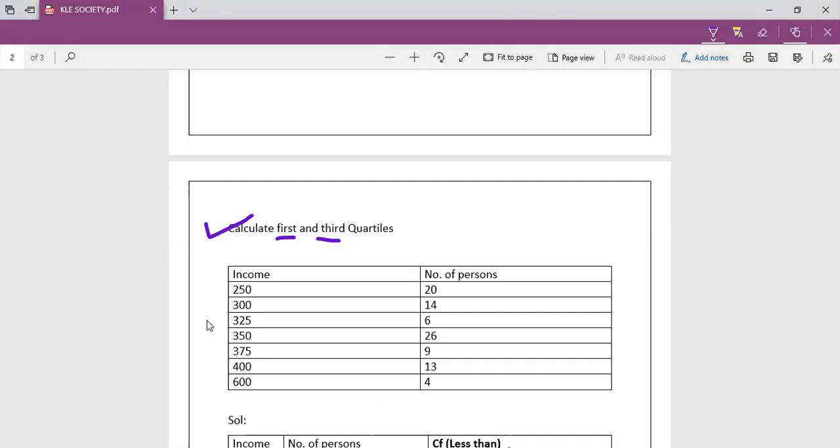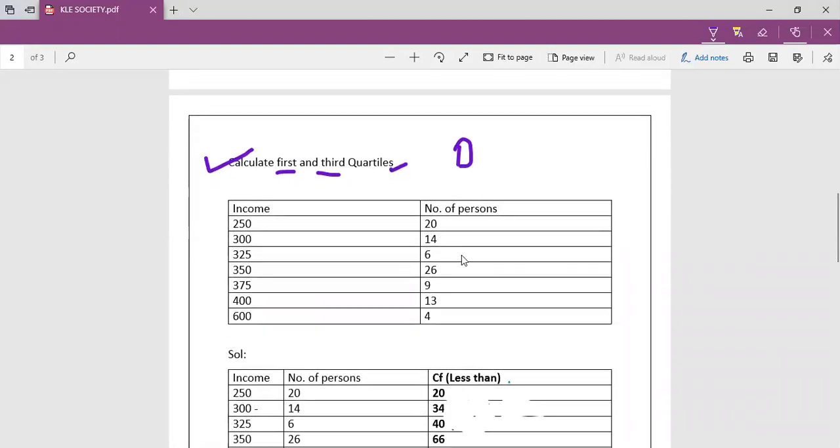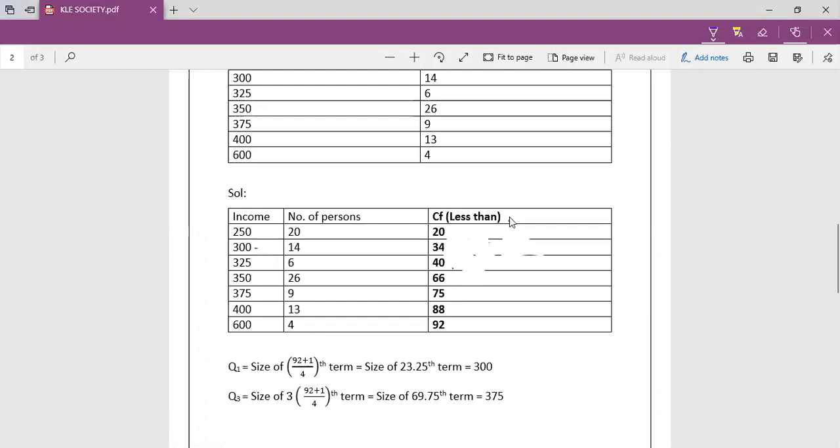So if you have a look at the question, you will understand that this is a discrete series problem wherein you have distinct values with their corresponding frequencies. So whenever you are given a discrete series and asked to calculate quartiles, you have to first calculate the cumulative frequencies.